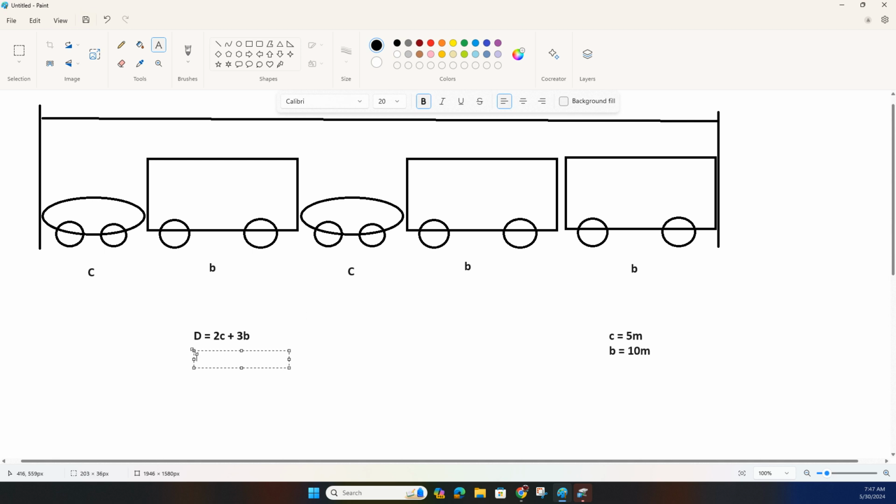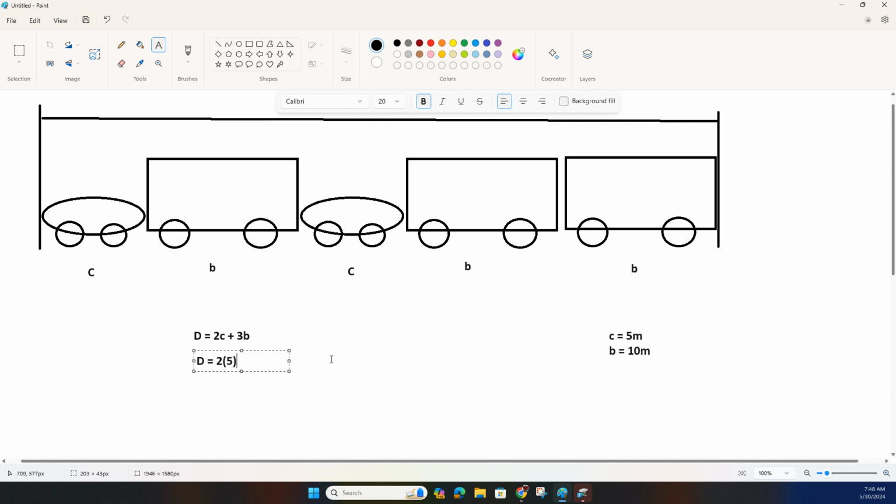And now my next step of math is just plugging those numbers in. So my D drops down, my equal sign drops down, the 2 drops down as well. But I don't want the C to drop down. I'm going to put some brackets in place and plug in whatever C is equal to. So C is actually 5.